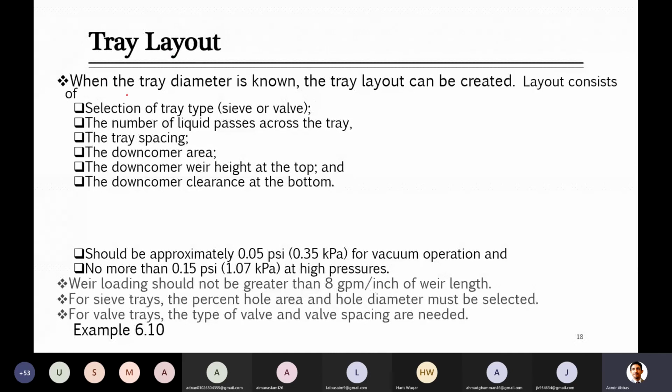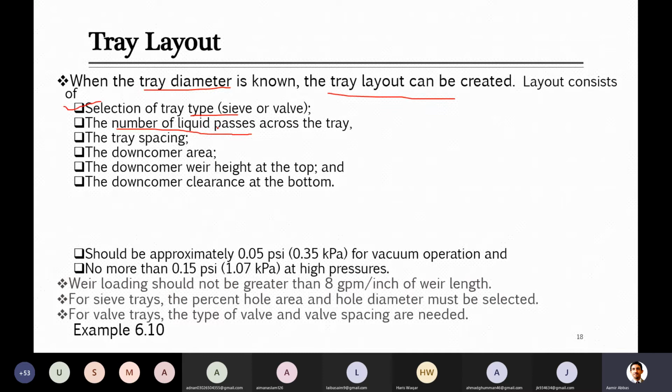Now, tray layout. You now know the height of the column, how many trays will be needed, their efficiency, and you have calculated the flooding velocity as well as the diameter. Then how should trays lie inside the column? You have to select their type initially, either sieve or bubble cap, then the number of liquid passes across the tray, like one pass or two pass.